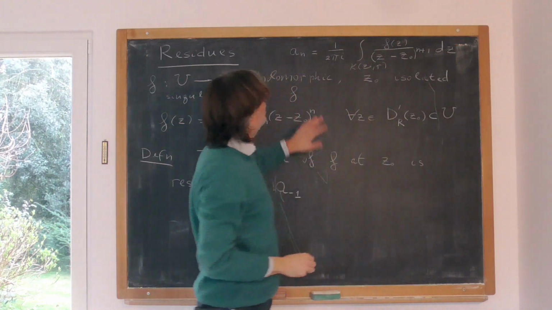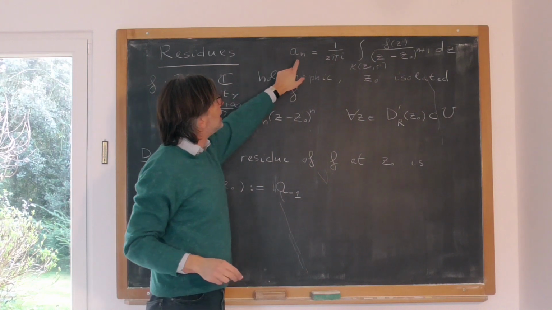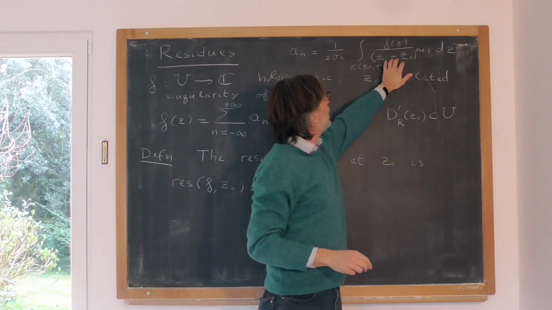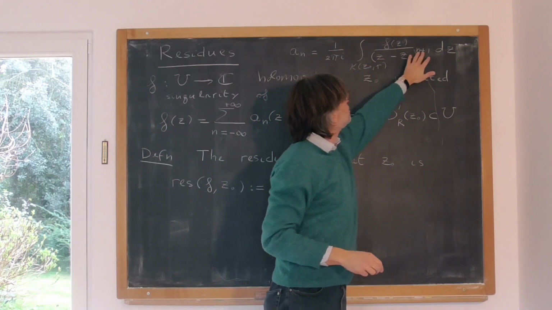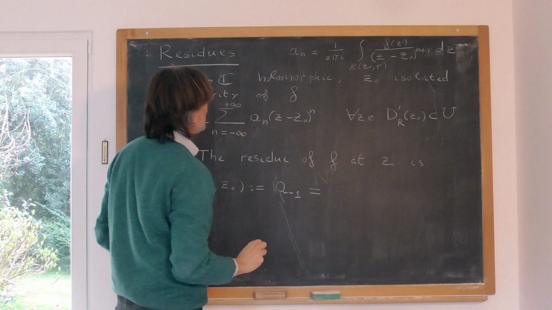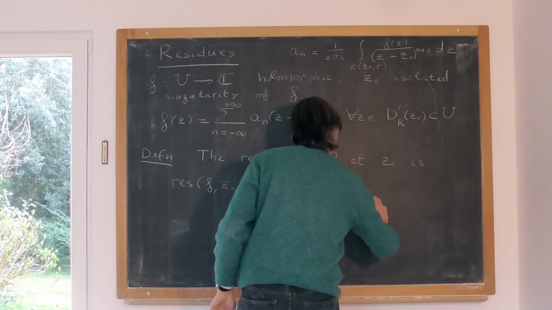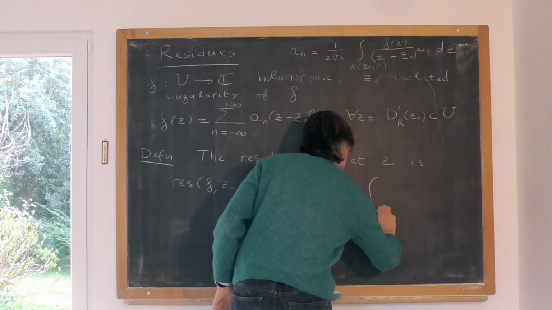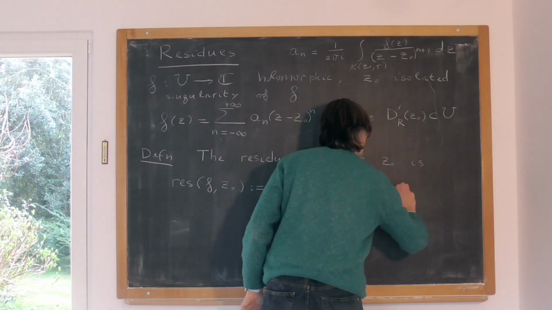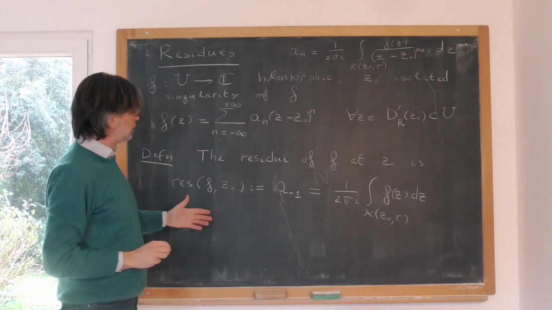This is the general formula for the coefficients, and in the particular case n equals minus 1, the exponent is 0, so we get the simple expression: a_{-1} is 1 over 2 pi times the integral over this circle C(z0, r) of f of z dz. Okay? So an equivalent definition for the residue.